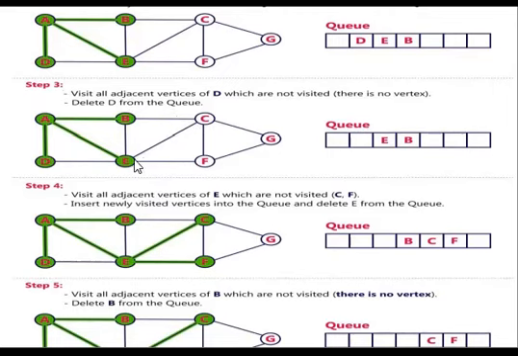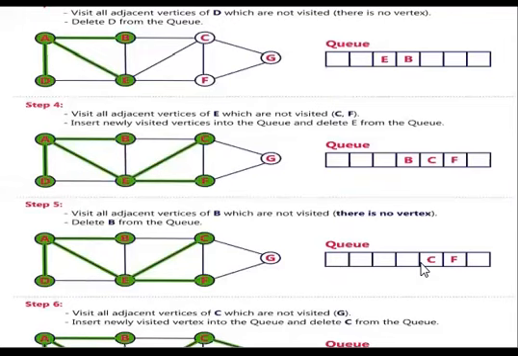So we put C and F into the queue and delete E, because after inserting C and F there are no more unvisited vertices from this node. So the queue now holds B, C and F.